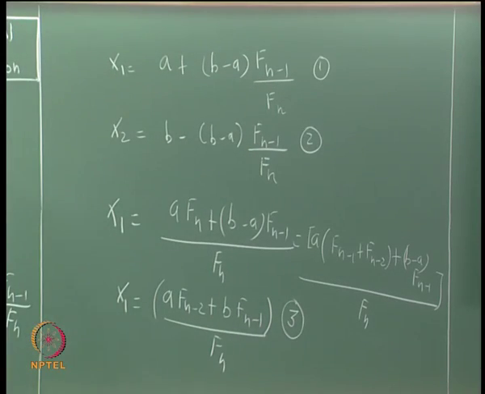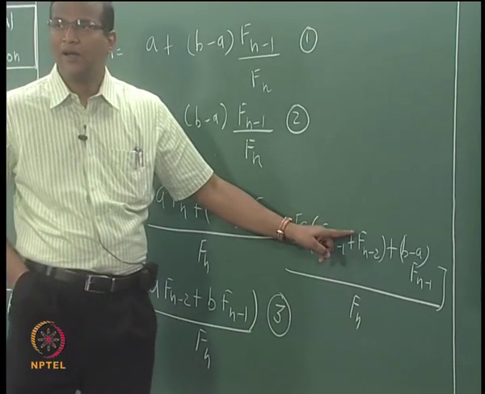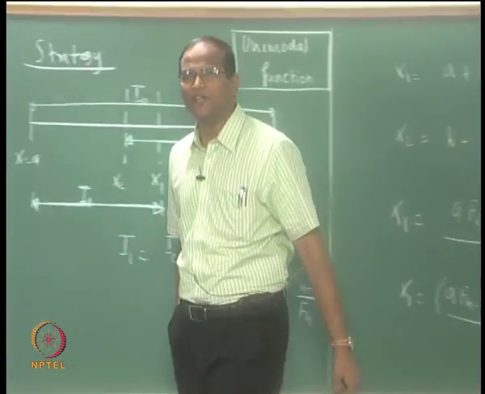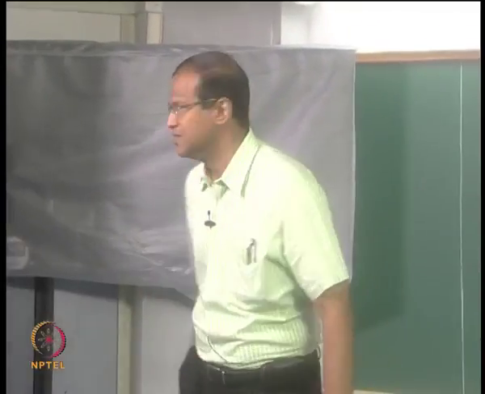Similarly... Is this step clear? I rewrote Fn as Fn minus 1 plus Fn minus 2, that is the property of the Fibonacci sequence of the particular number Fn in the sequence.